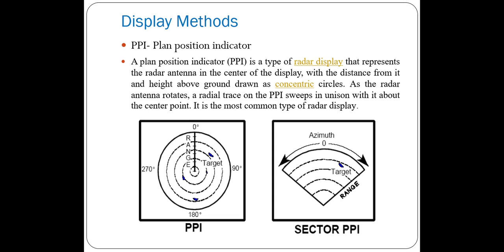A plan position indicator or PPI is the type of radar display that represents the radar antenna in the center of the display.